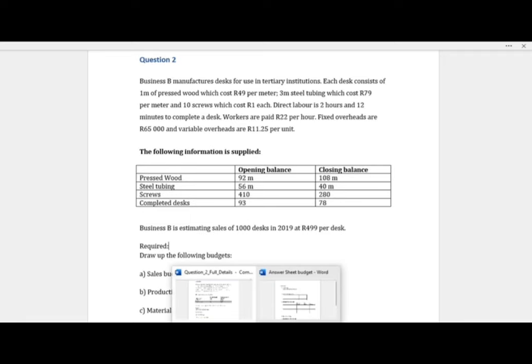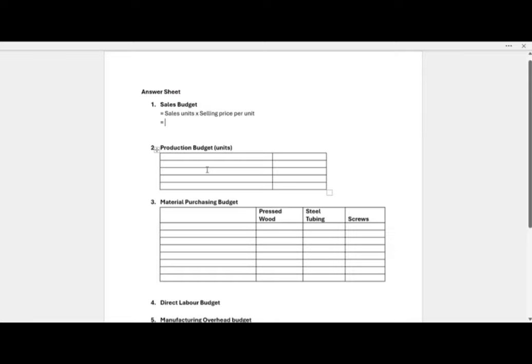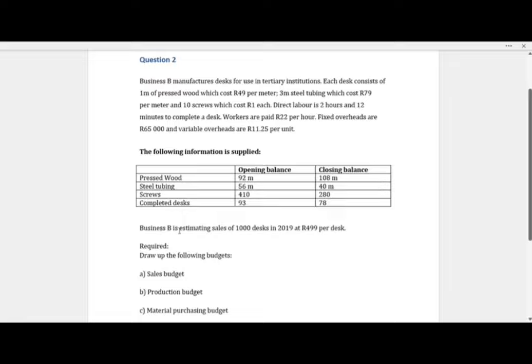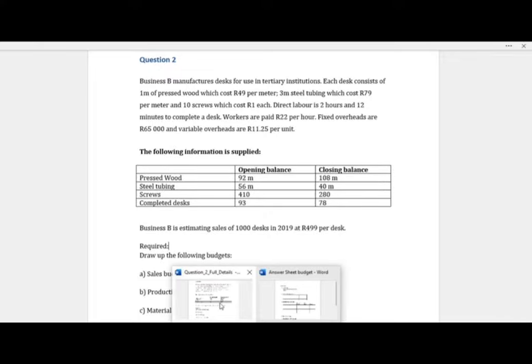You multiply by selling price per unit, and your selling price per unit is 499 rand per desk.